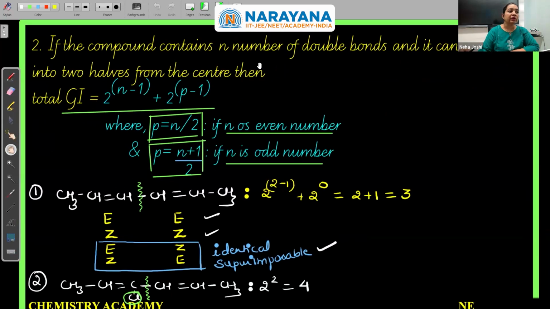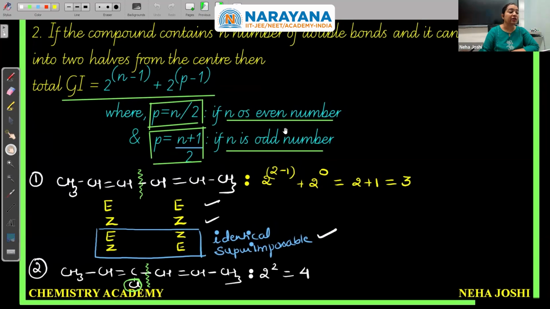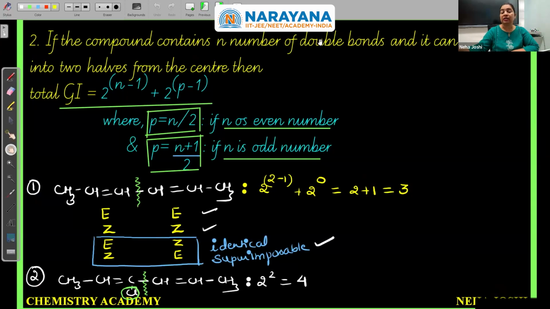If the compound contains n number of double bonds and it can be cut into two halves which are symmetrical, what we mean is two identical halves. Like here you can relate the point exactly. These are two identical halves.